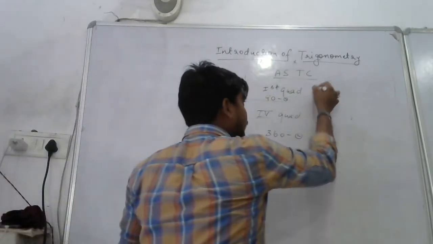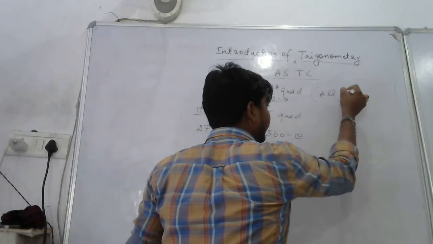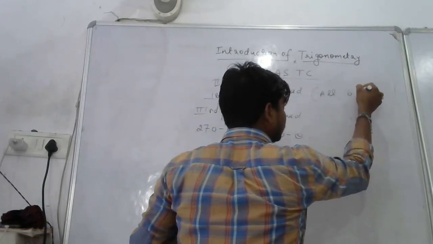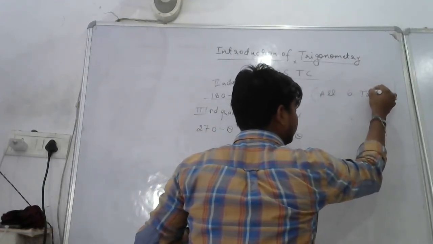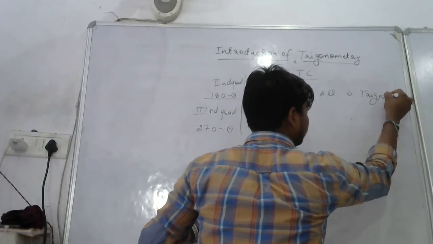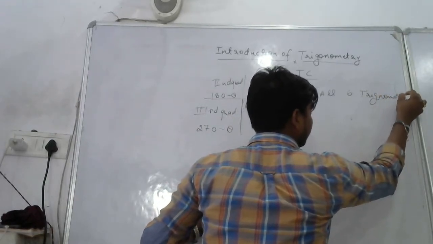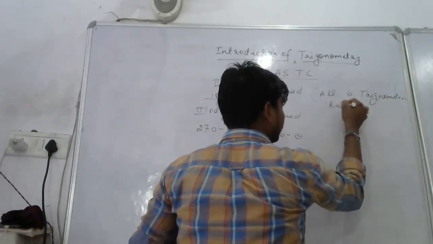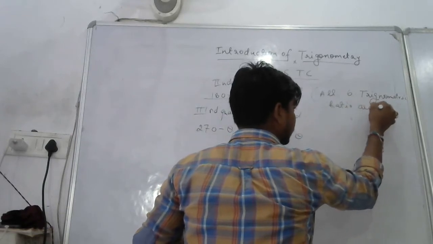In the first quadrant all six trigonometric ratios are positive.